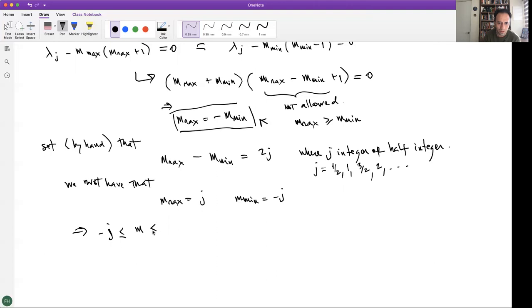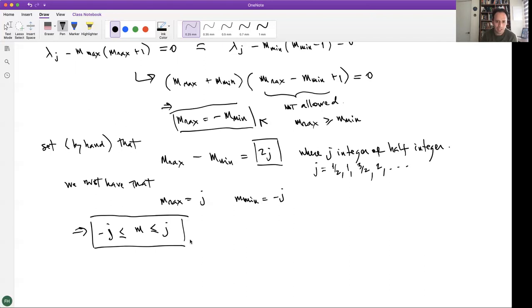Okay, m goes from j to minus j. We've derived this, "derived" in quotation marks, because we have to define that the distance between the minimum and the maximum value of m is equal to 2j, where j is a half integer or integer number.